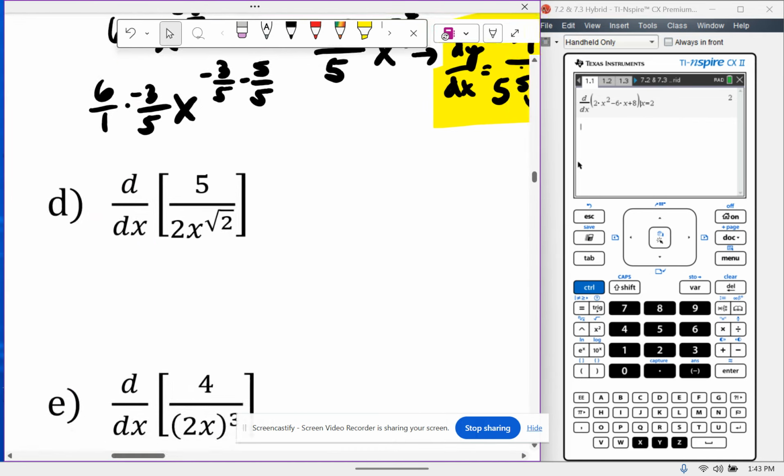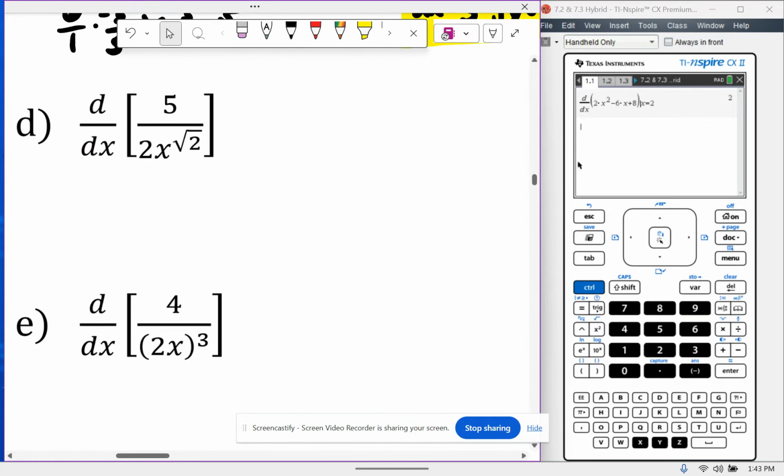Okay. So let's try D. What is the coefficient? What is x to the radical 2 power, but it's in the denominator? What should I change it to? X to the negative.